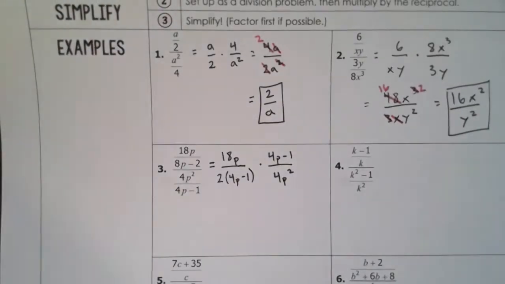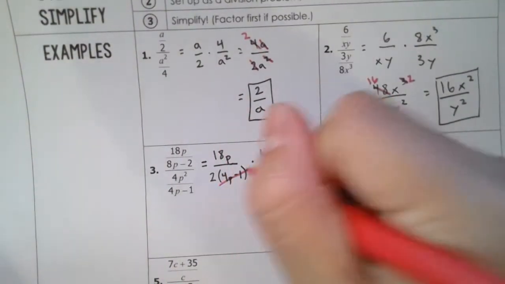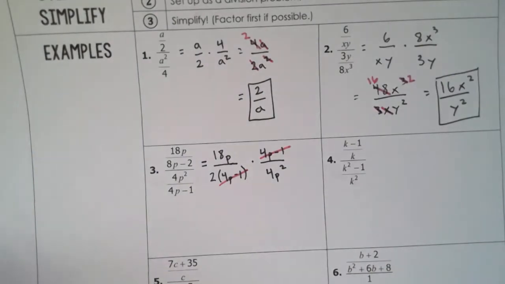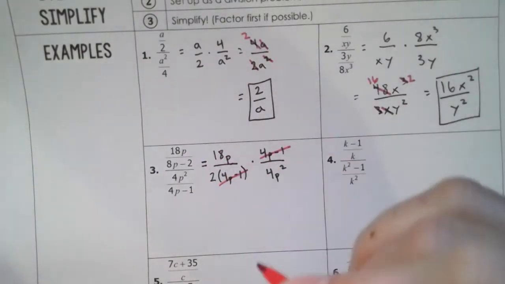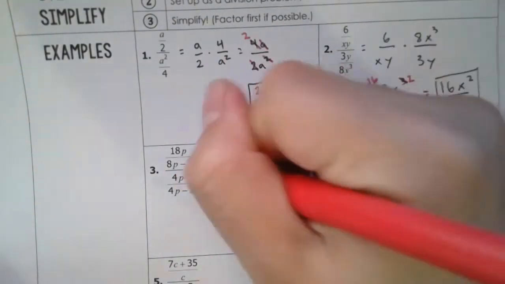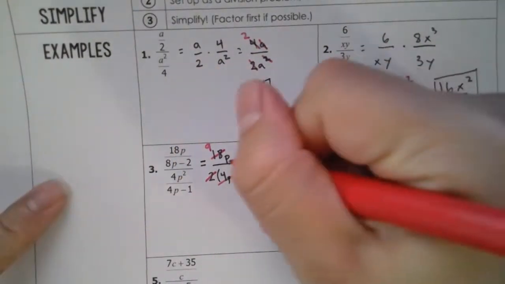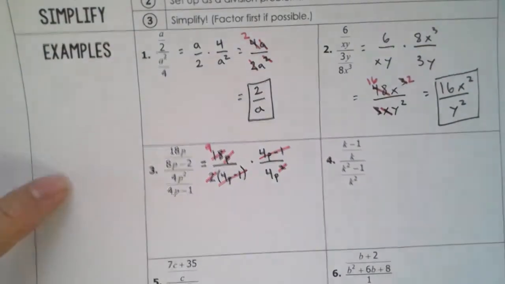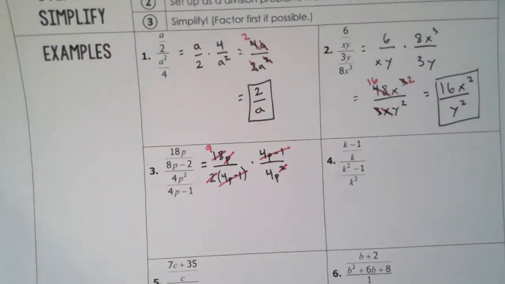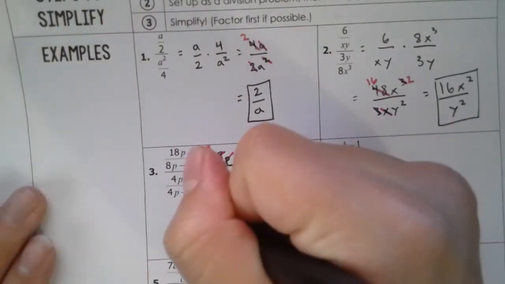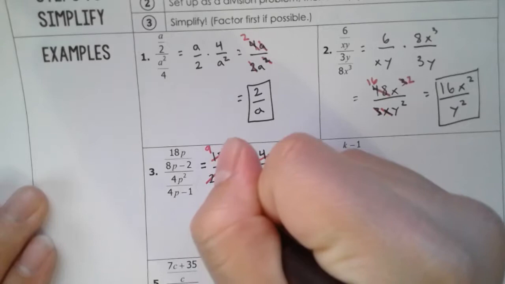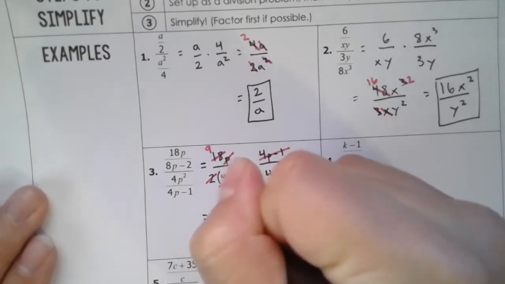Now notice that these are going to cancel, and then 18 over 2 becomes 9, and one p will cancel out one of the p's down here, so I get left with just 1. And then 9 over 4, I can't simplify either of those, so I get left with 9 over 4p.